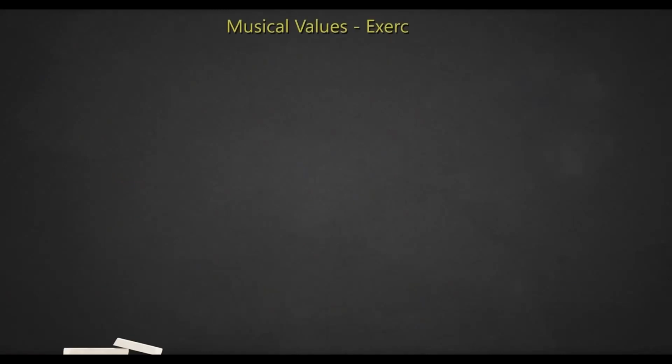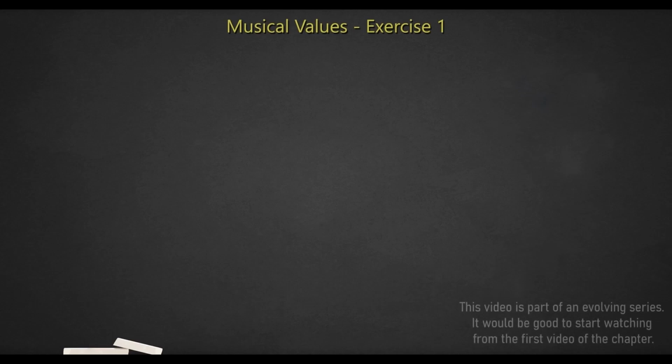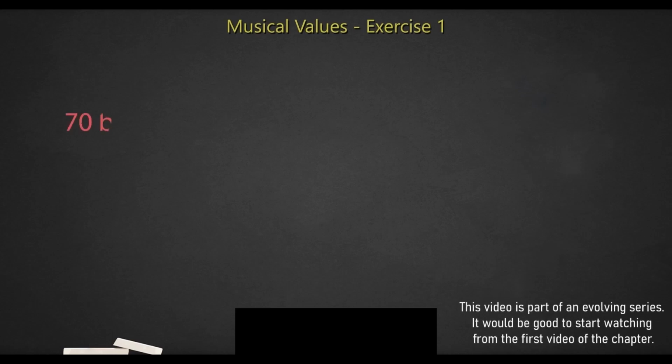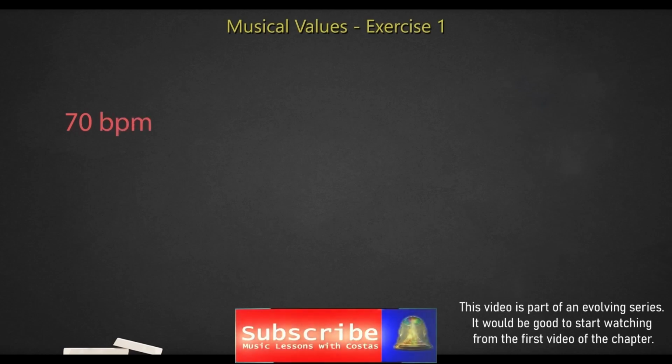You will listen to some note values on the piano twice. Stop the video and try to write them down. We will have a base rhythm of 70 BPM and you will hear the sound of a metronome. Ready?